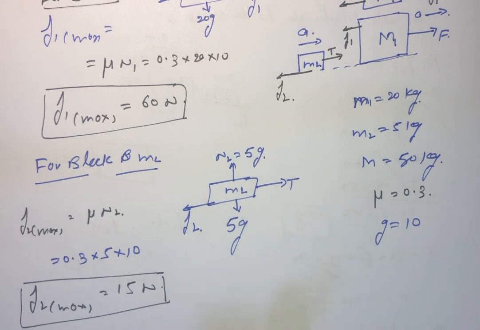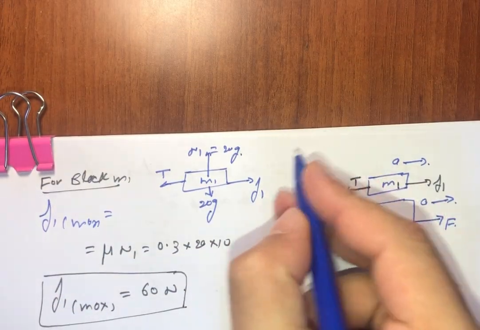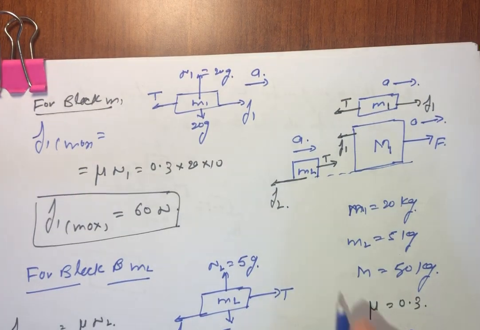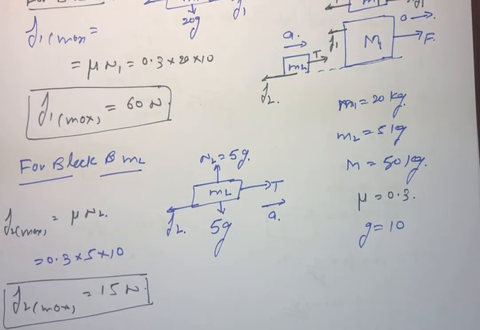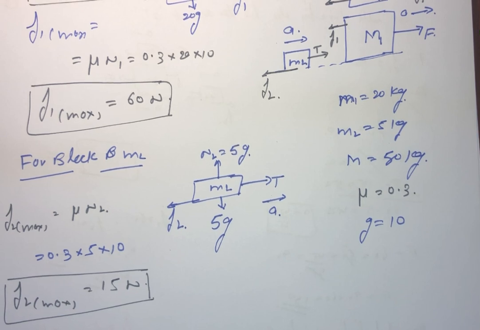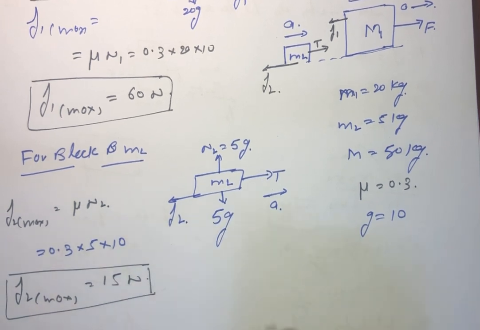And in both cases this will also be traveling with acceleration A. Okay. So we can write the equation for block M1.